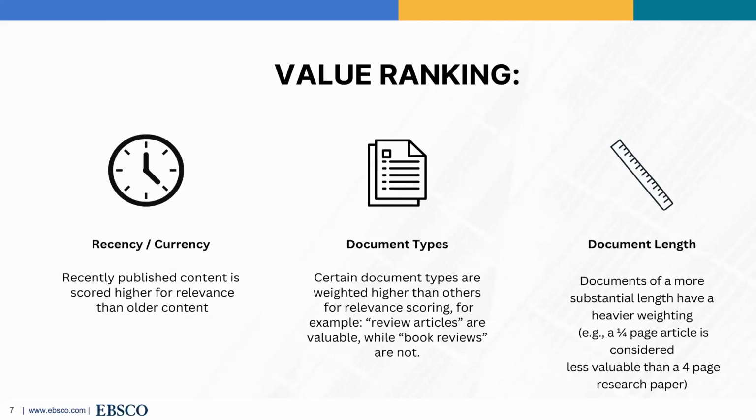Next is publication type or document type, where certain document types are weighted heavier than others. For example, review articles are deemed more valuable while book reviews are not. And finally, it also considers the document length, where articles of more substantial length will have heavier impact. For example, a quarter-page article is considered less valuable than a 4-page research paper.